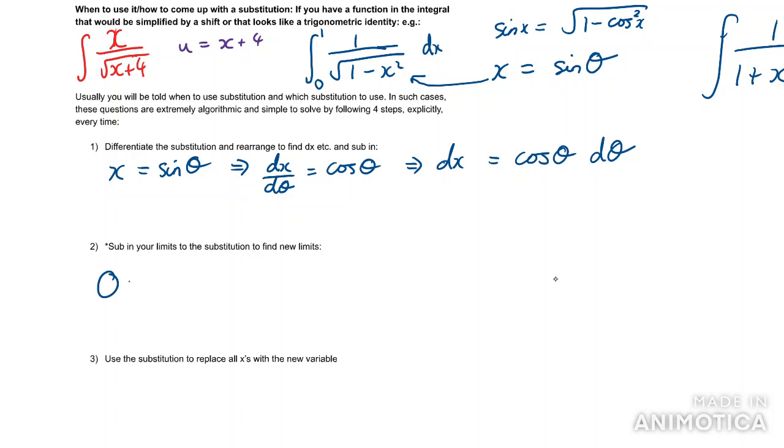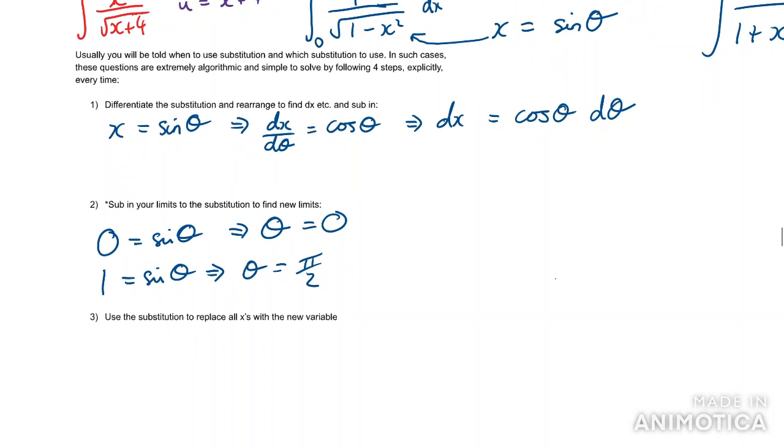So we're saying 0 equals sine theta. What does that tell us theta is? Well, it tells us theta equals 0. That's our lower limit. The other one is when 1 equals sine theta. What does that tell us our upper limit is? Well, that's when theta equals, let's use radians, pi by 2. And so our new limits are 0 and pi by 2.